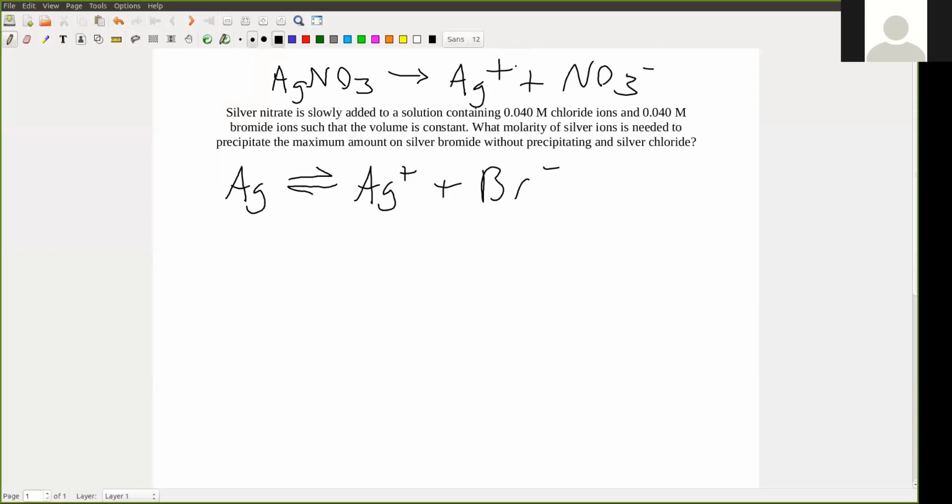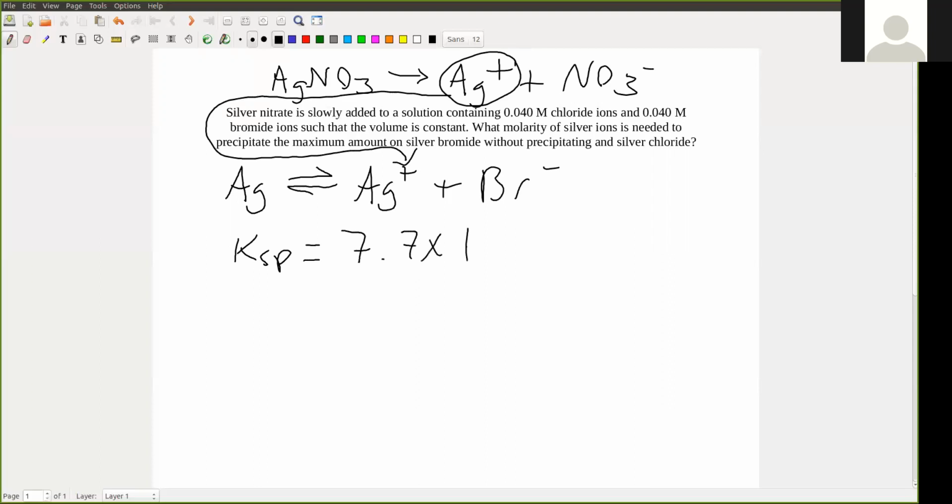This Ag+ is the same as that Ag+, okay? And from looking it up, we know that the solubility product, the Ksp, is 7.7 times 10 to the minus 13.